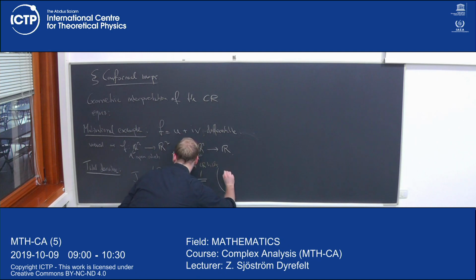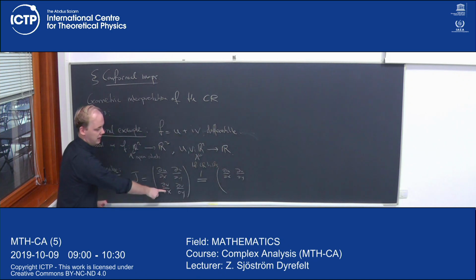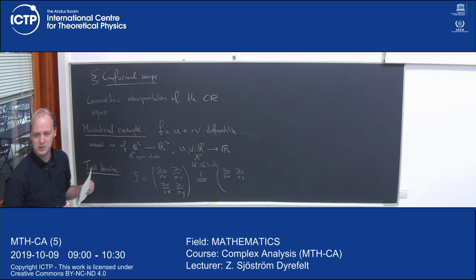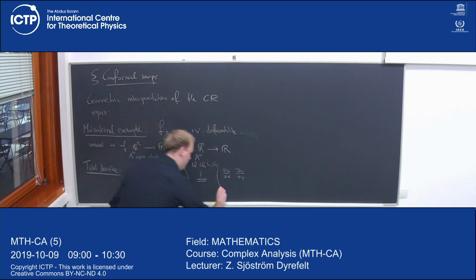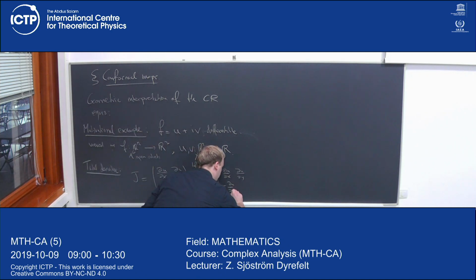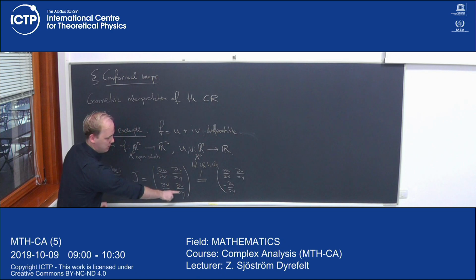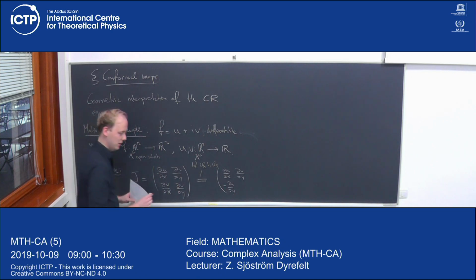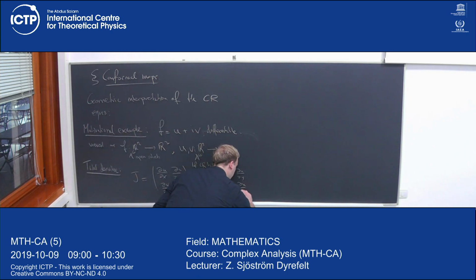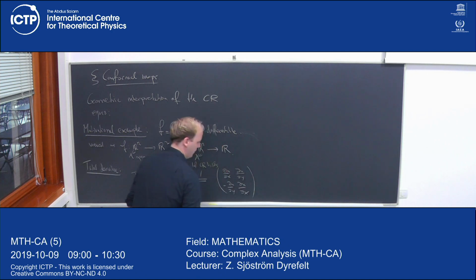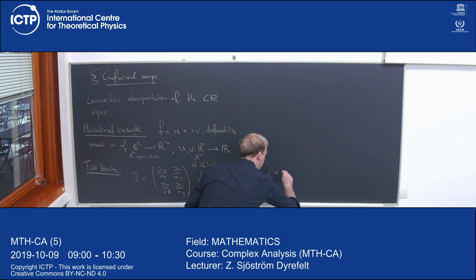Let us keep the first row: partial u partial x, partial u partial y. And then partial v partial x, what was it equal to according to Cauchy-Riemann? Exactly, minus partial u partial y. And partial v partial y was equal to partial u partial x. So to see it more clearly, this is equal to a matrix of the following form.